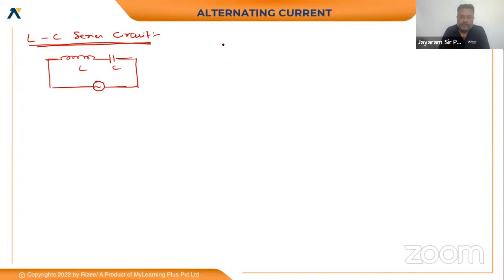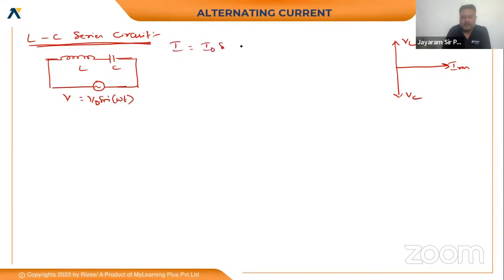If I plot a phasor diagram, it will be like this. In this direction, you can have the IRMS. It is the direction of your VL and it is the direction of the VC. There is a phase difference of 180 degrees. Given input is V equal to V naught sine of omega t. So current produced will be I equal to I naught sine of omega t plus or minus.